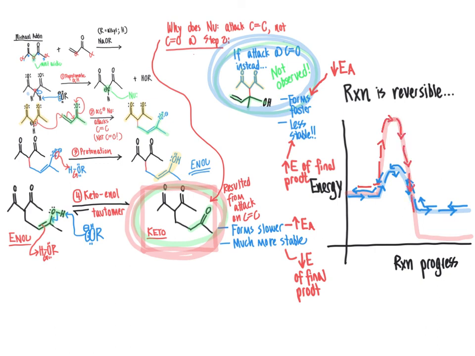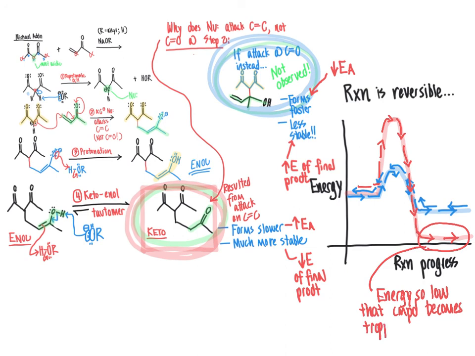And once a molecule climbs over that barrier and makes it to the bottom of this curve, at this point the energy is so low that the molecule becomes trapped there. It can't, at that point, reverse. So it becomes trapped as that particular product, the lower energy final product.